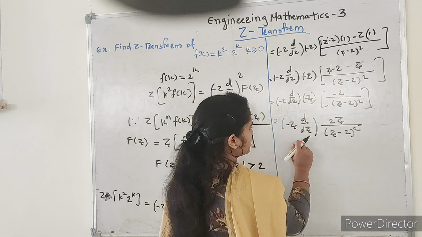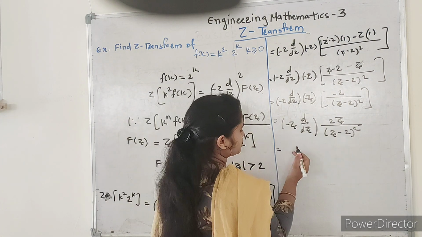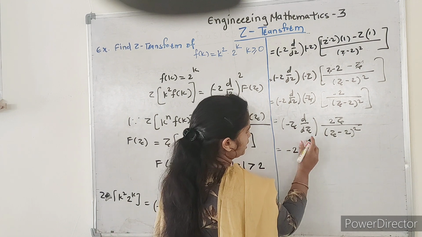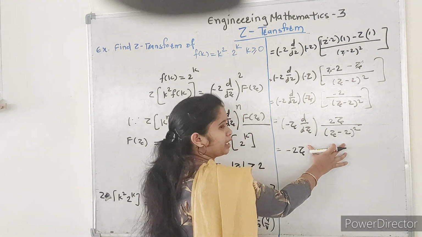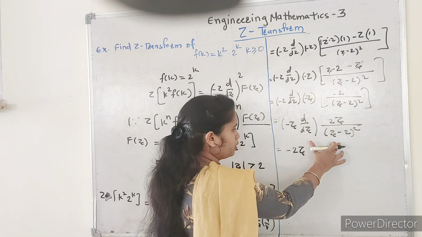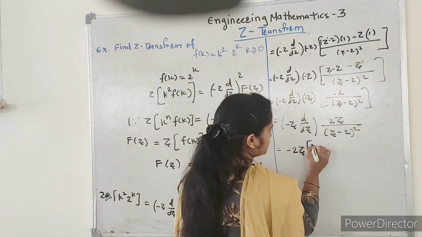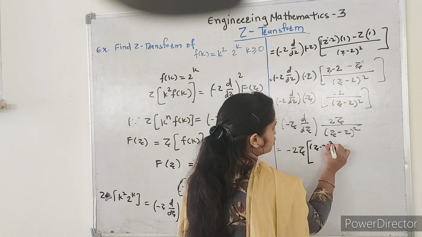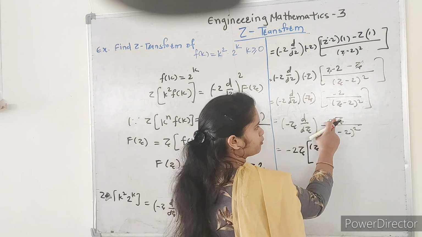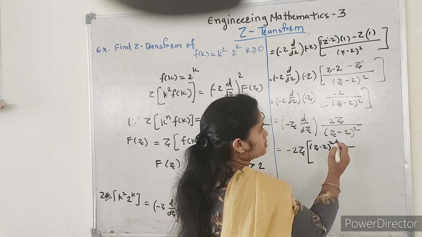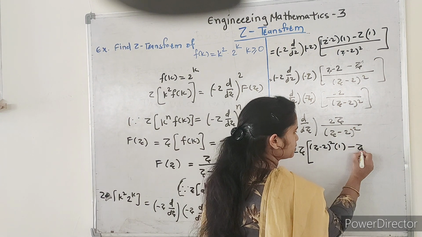Now we find the second derivative. Two is constant, so outside of this derivative we have 2z, and the derivative of this term again using the u upon v rule. So from the u upon v rule we write first z minus 2 square as it is. Next, the derivative of z is 1, minus second time z as it is.